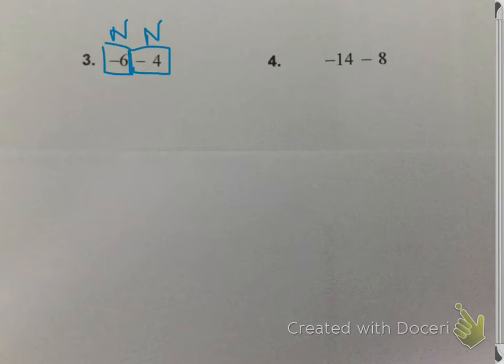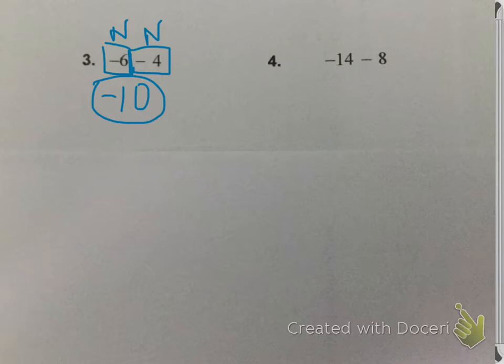Well, 6 is negative, 4 is negative, so I have same signs. Same signs, add. 6 plus 4 is 10. Take the sign of the larger number. The larger number of 6 and 4. Just think of the number. What's larger, 6 or 4? 6 is larger, so my answer is -10.